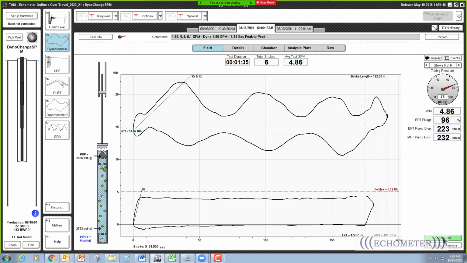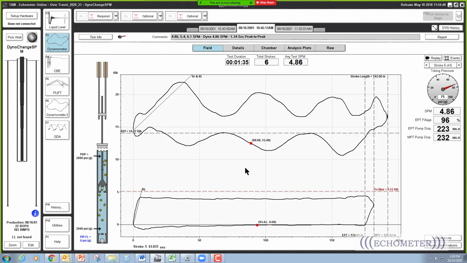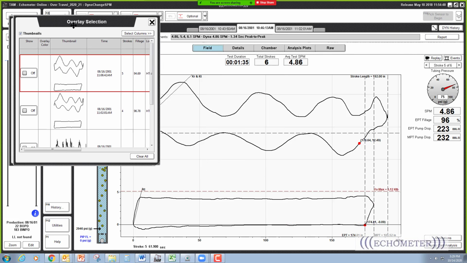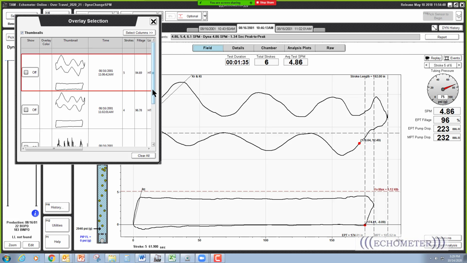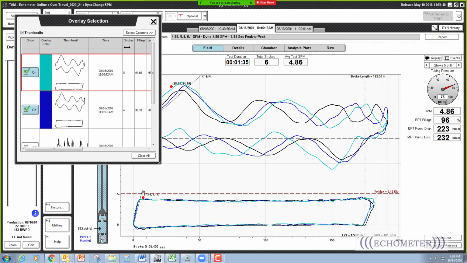So I'm going to click on annotations and go to previous strokes, and select each of those strokes. So this was 11:02:01, that one, and that one. Okay, so now I've got all three.